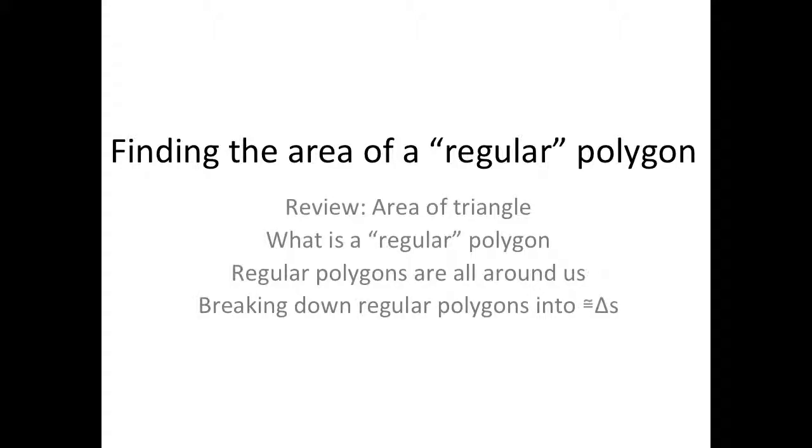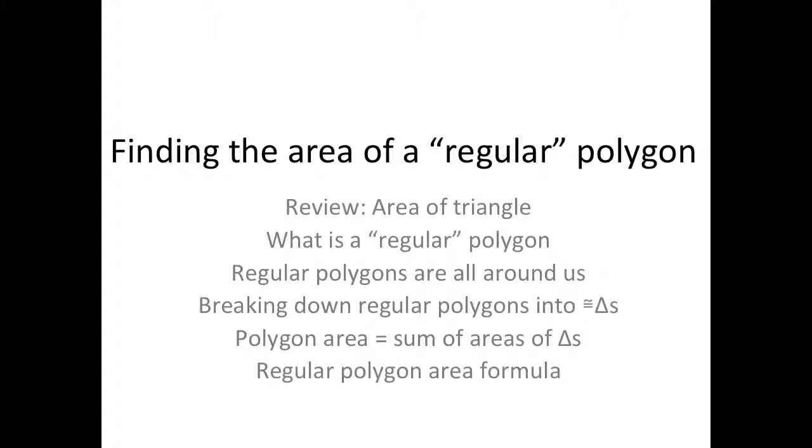Then we'll break down a regular polygon into a bunch of congruent triangles. Since we know the area of a triangle and we can break a polygon down into triangles, we'll realize that the area of a polygon is simply equal to the area of all of the triangles that make it up. Using that fact, we will come up with a formula for a regular polygon, and then using that formula, we'll do some example problems.